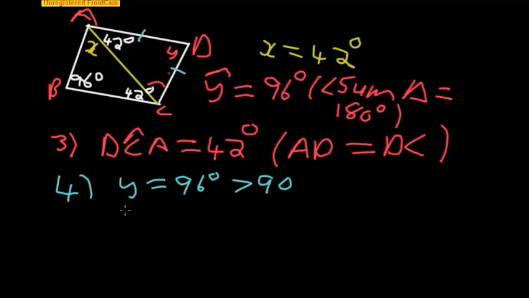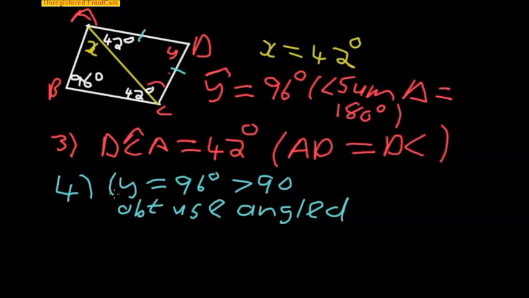Therefore it is an obtuse triangle, so it's obtuse angled. Our reason for why it's obtuse is that y is greater than 90 degrees.